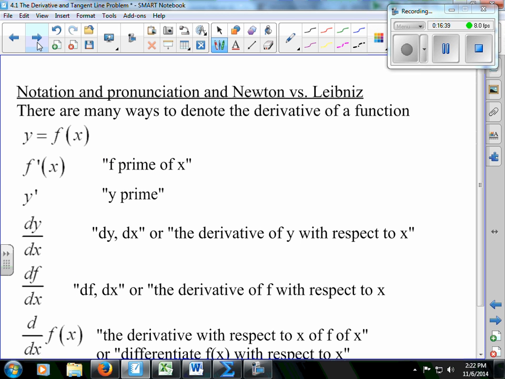All right. Now we have to discuss some things here. It turns out that there are two discoverers of calculus, Isaac Newton and Gottfried Leibniz. Gottfried Wilhelm Leibniz. Leibniz was German and Newton was English.